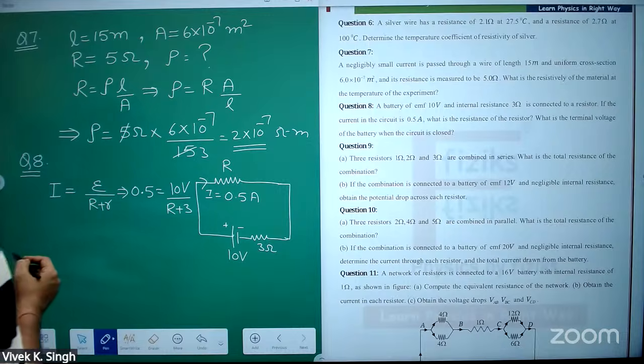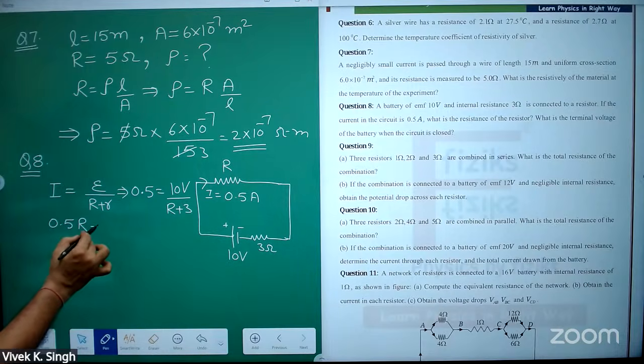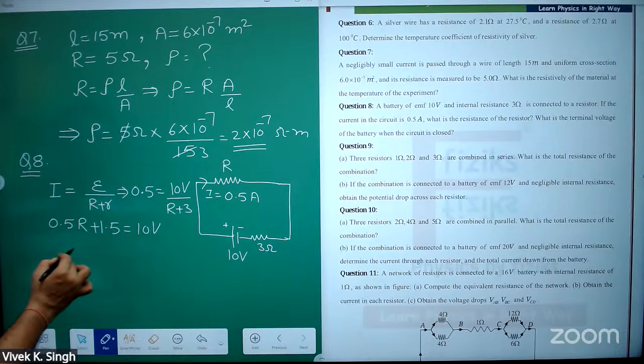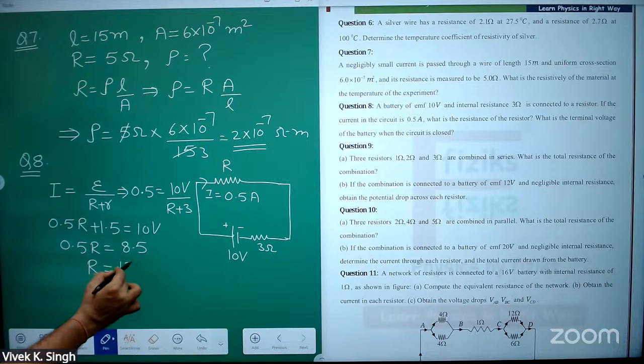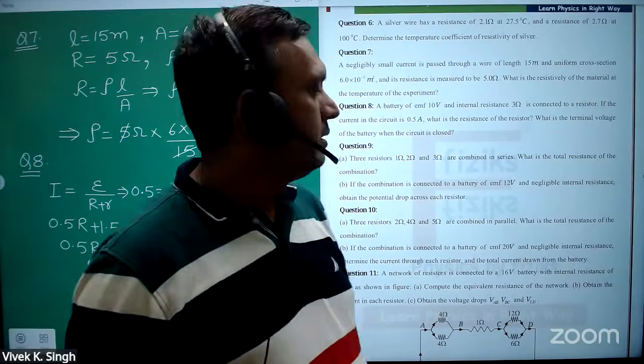Let's calculate the value of R. So this is 0.5 R plus 1.5 is equal to 10 volt. So 0.5 R is 8.5. So R will be the 17 ohm.